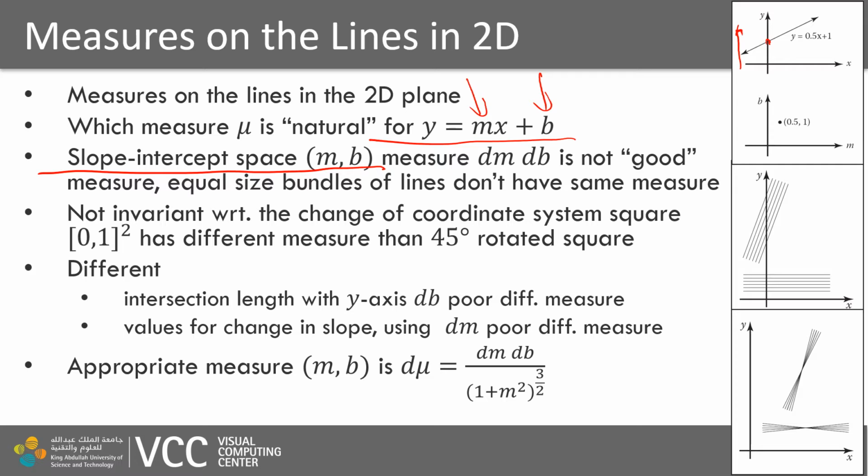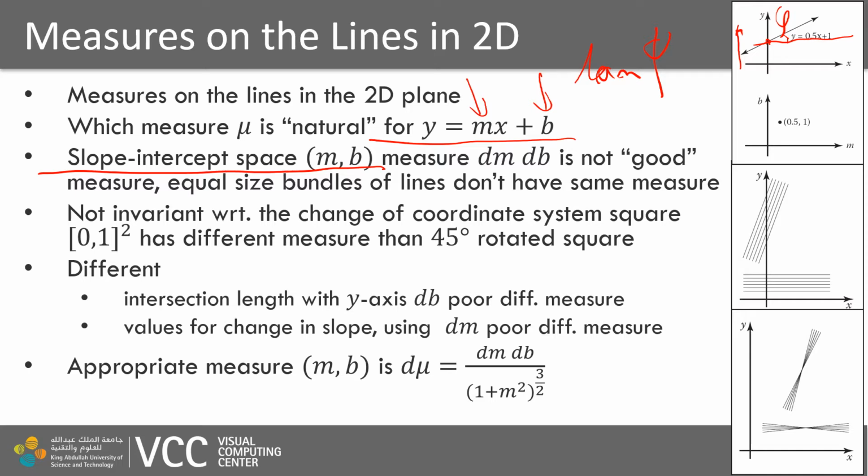However, with such a space, as we know, m is basically a tangent of phi, where phi is the angle of our slope, and the tangent has various values.